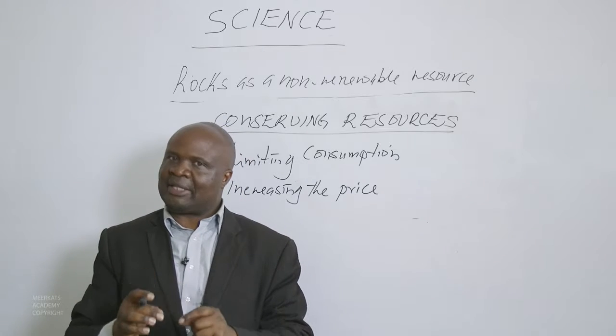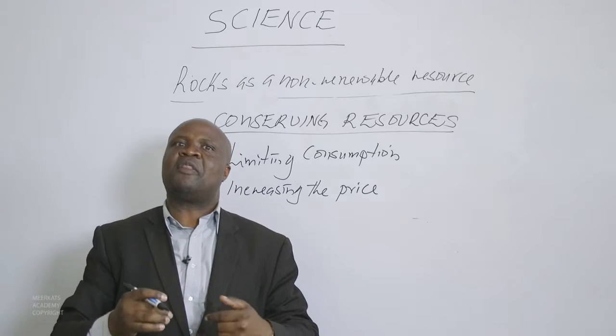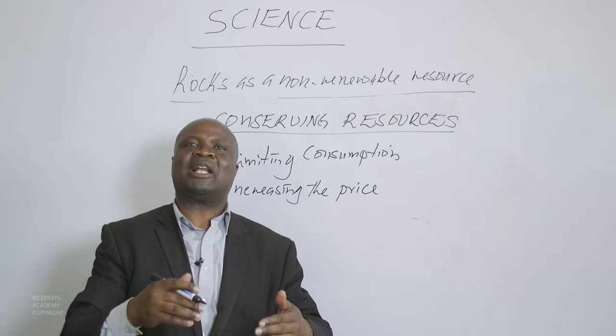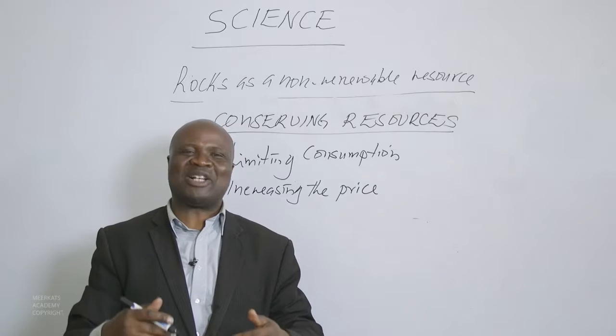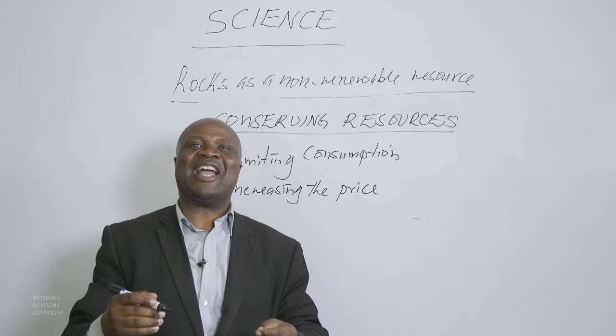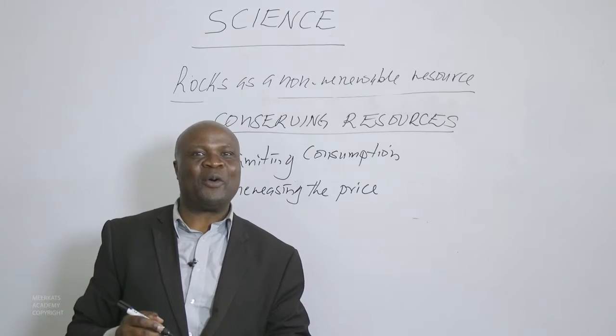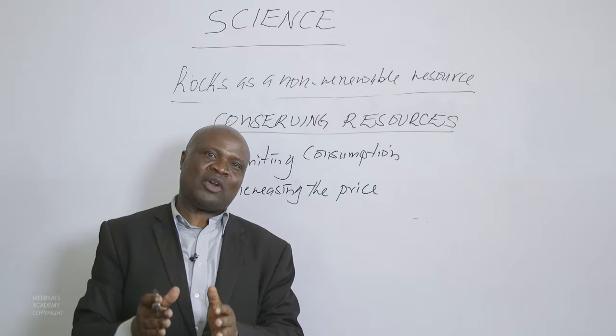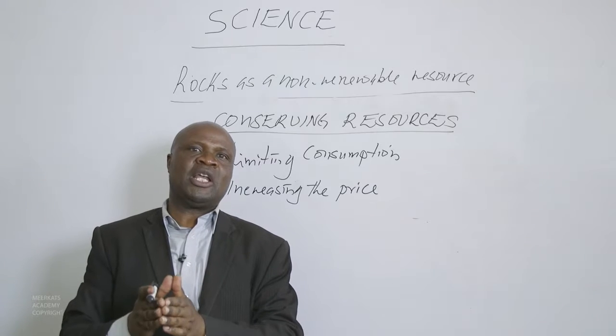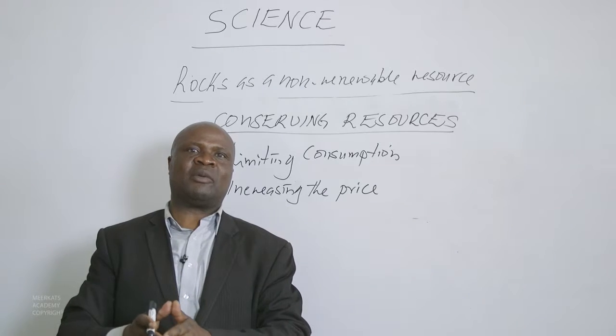If they know that a particular resource is a bit expensive, they will be careful with it. They will not want to waste their hard-earned cash anyhow. So when the government decides to increase the price, they are trying to tell people to be cautious, because if they know it is cheap, they will not mind the way they are using it.